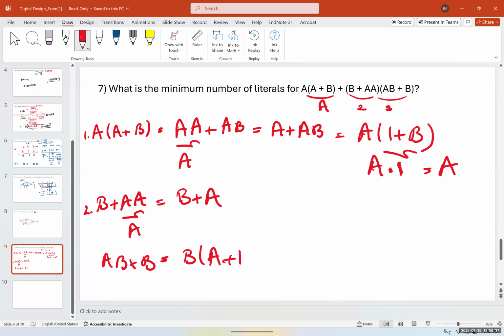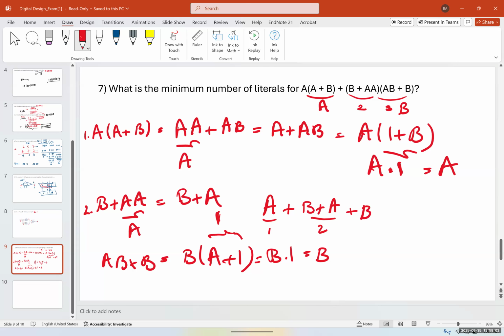Again, B times A plus 1. What is A plus 1? 1. What is B times 1? So this would be equal to B. So now what we have is A plus B plus B. This is part 1, part 2, part 3.